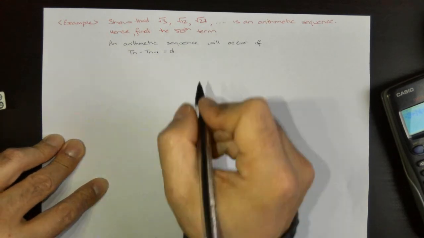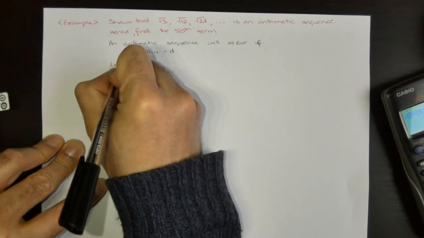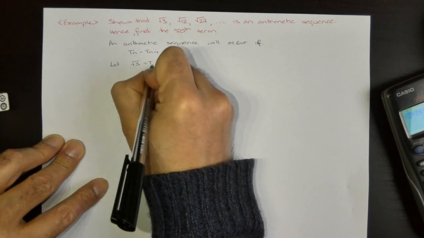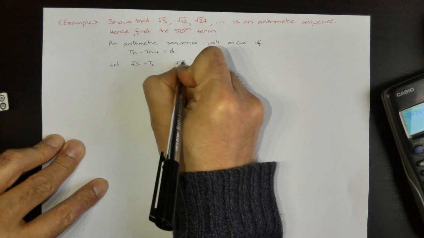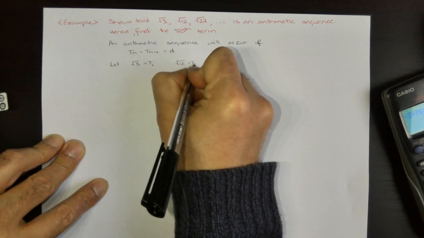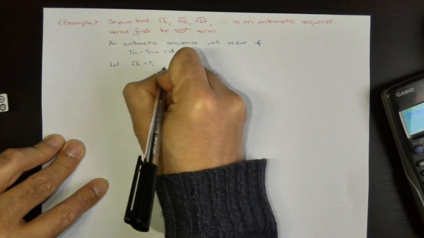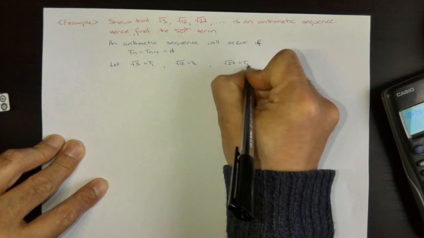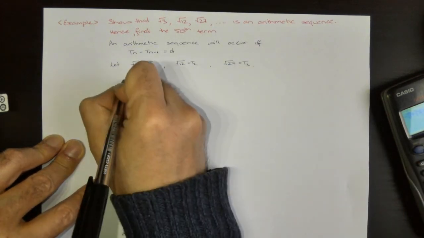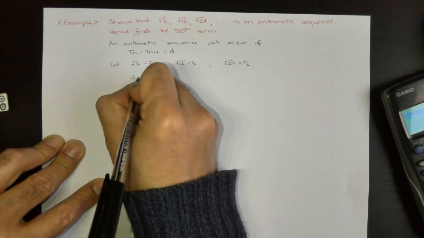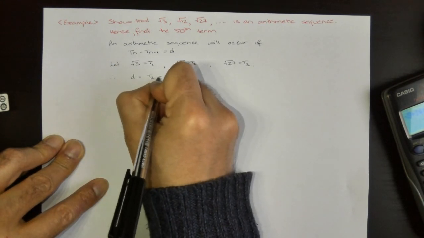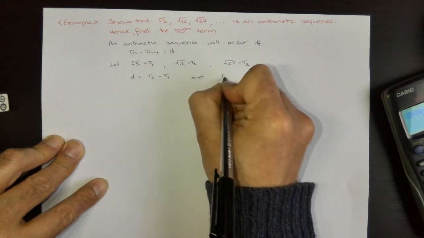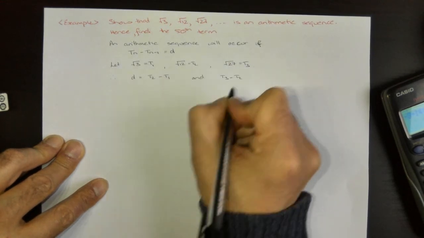So we're going to let root 3 be T1, root 12 be T2, and root 27 be T3. Therefore d will be T2 minus T1 and T3 minus T2.